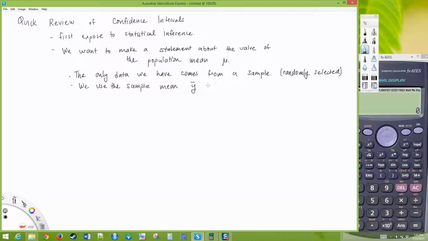So we use the sample mean as a starting point, and based on that we find the margin of error.